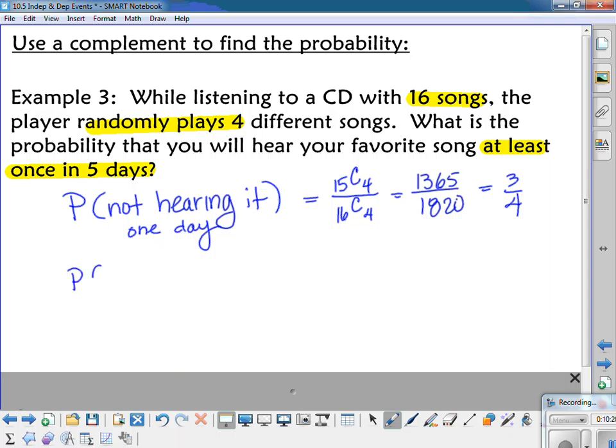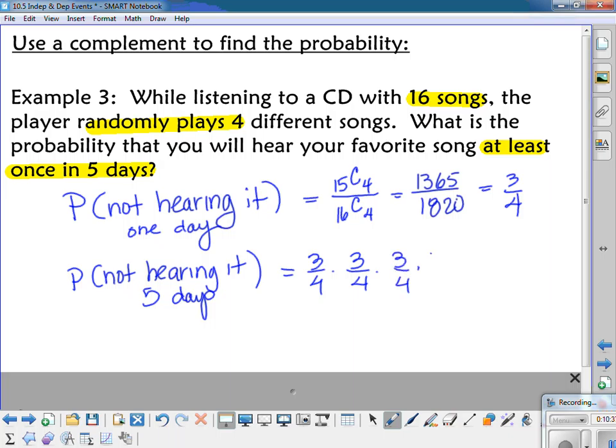So the probability of not hearing it for 5 days, I multiply them together. I take the 3/4 for the first day, 3/4 the next day, 3/4, 3/4, 3/4. I multiply them all together.